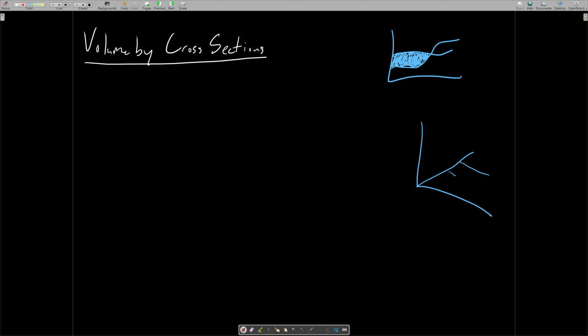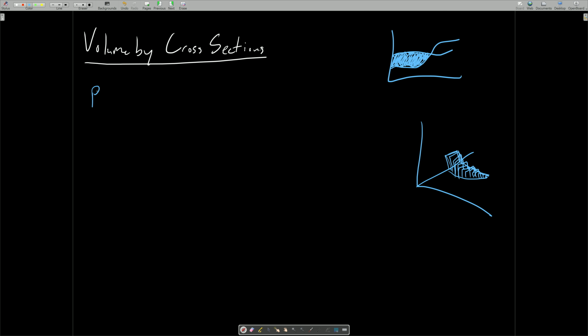So you have your function here, like your area. Let's say the cross section was a square, so you'd have a square here, and you keep going. So you slowly get smaller and smaller. So you can sort of see how the solid would look. What you're doing is finding the exact volume of this solid here.